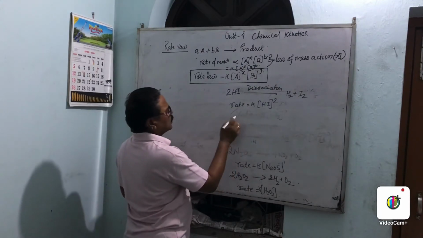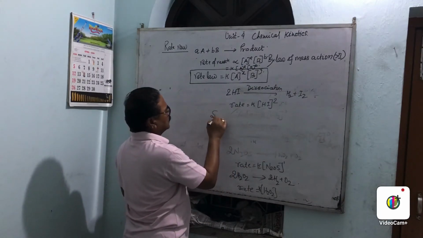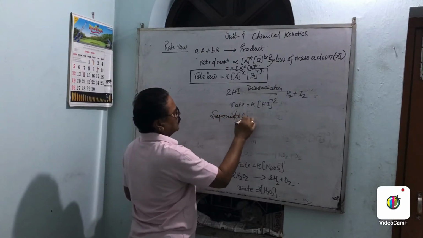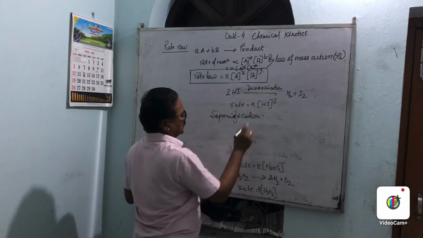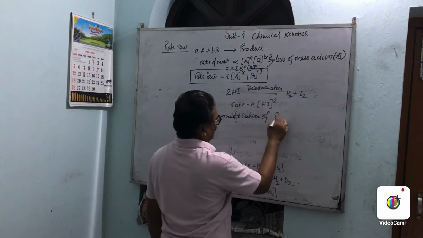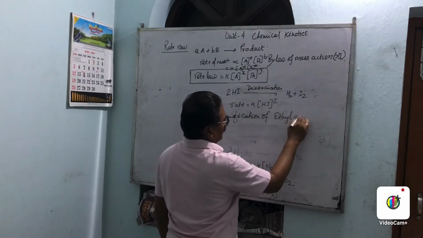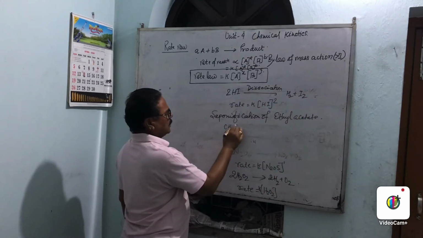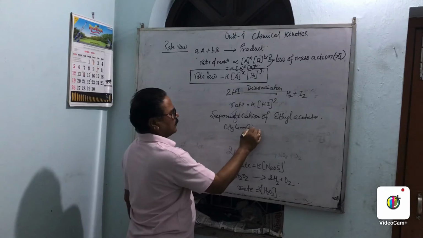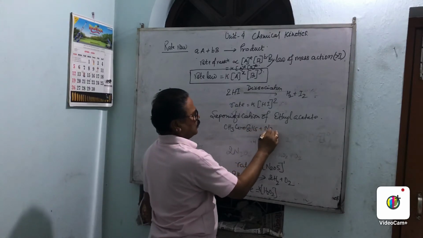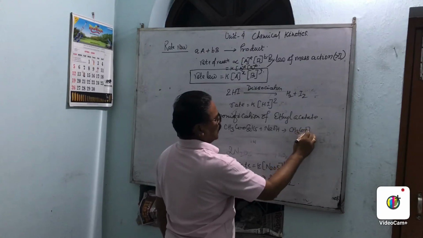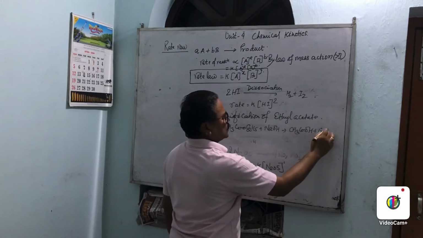Another example is saponification of ethyl acetate. This is ethyl acetate, an ester, CH3COOC2H5, and we write here NaOH. So it will form CH3COONa, and this is the alcohol C2H5OH.